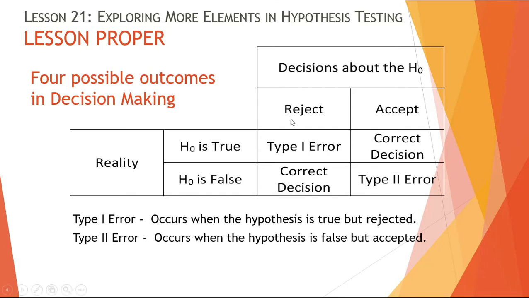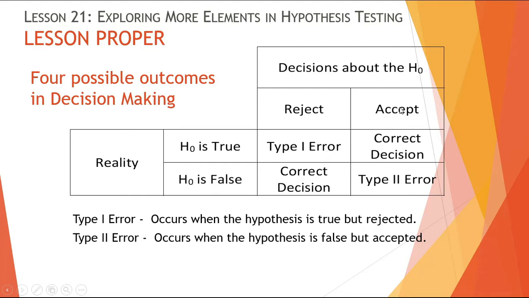Ganito po. When our null hypothesis, H sub O, is true, and then we reject it, we are committing a type 1 error. Bakit? Kasi alam mo ng totoo, reject mo pa. So, therefore, you are committing a type 1 error.